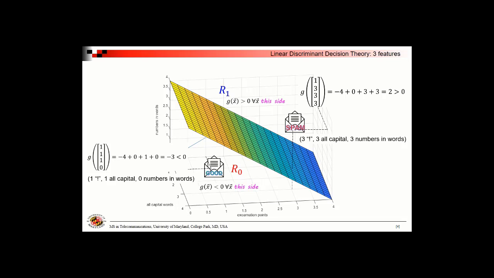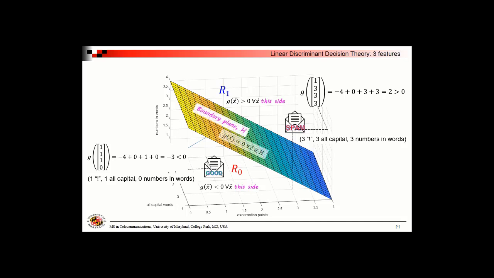So we now know that the feature space is divided into the segment R1, where all the features of the emails are going to give you a positive number and therefore are spam, and are not, that's the lower left side, where all of the emails that have features that give you a negative evaluation of the discriminant function, those are not spam.